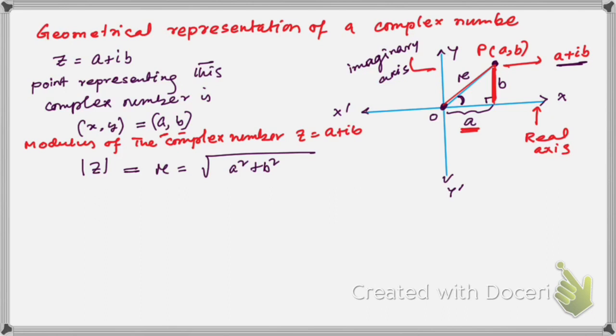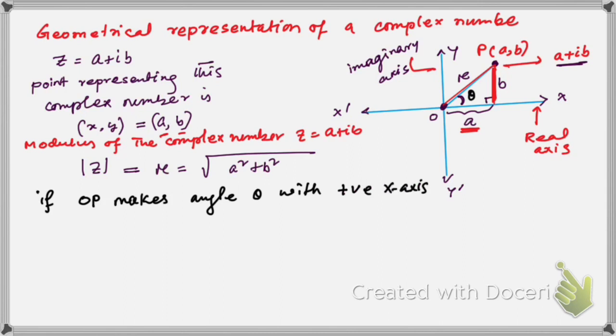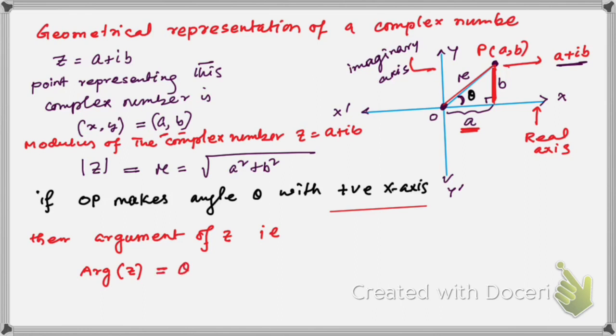If this line, OP, makes an angle theta with the positive x-axis, remember it must always be the positive x-axis, then the argument of z is given by arg of z is equal to theta. Okay, remember that.